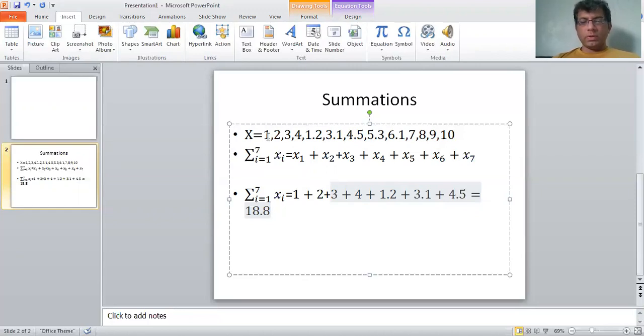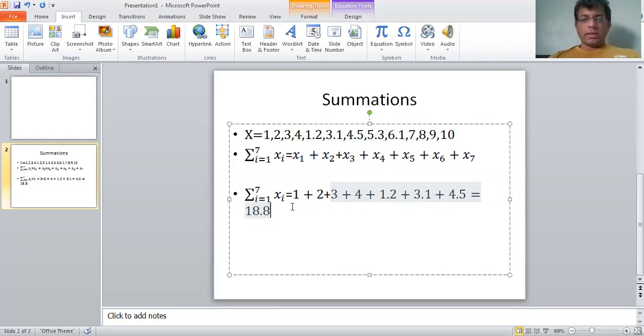So this first value is x1, this is x2, this is x3, then x4 is 4, then x5 is 1.2, then x6 is 3.1, then x7 is 4.5, x8 is 5.3, and then we have x9 6.1, x10 is 7, x11 is 8, x12 is 9, and x13 is 10. So this is what is meant by doing this summation.